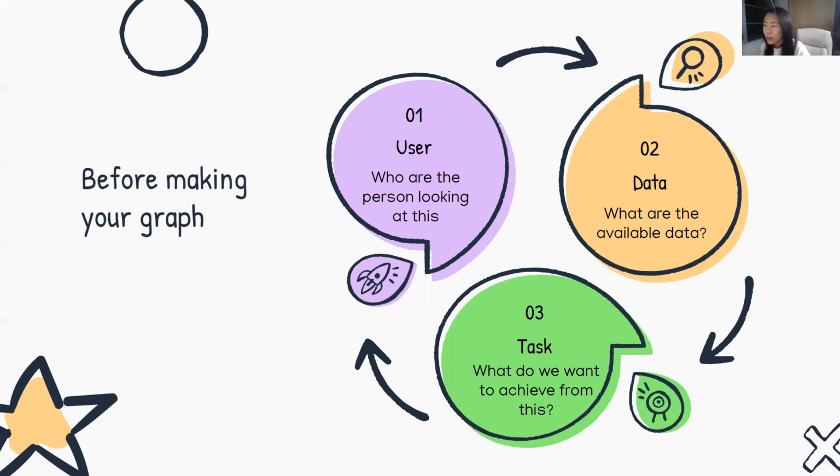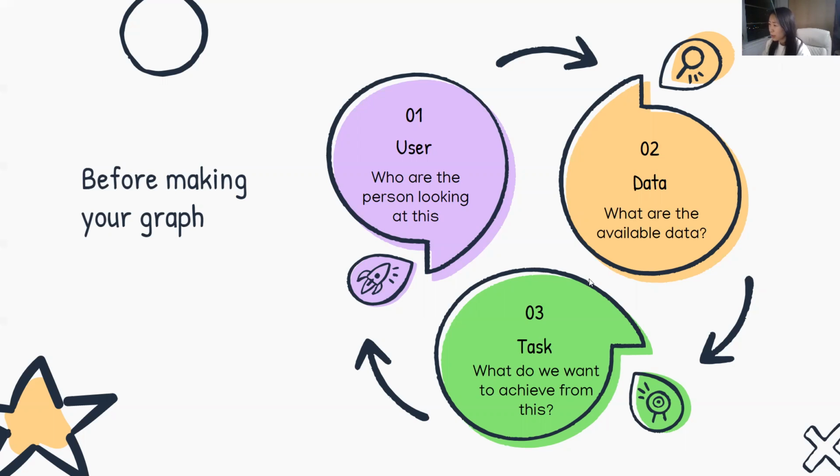So who is the person looking at it, how much domain knowledge do they have, so that you cannot make your graph too confusing for your audience, and what data is available to you for this visualization. And the task: what do you want to achieve from this, because you don't want to underrepresent or overrepresent the data you want to show.